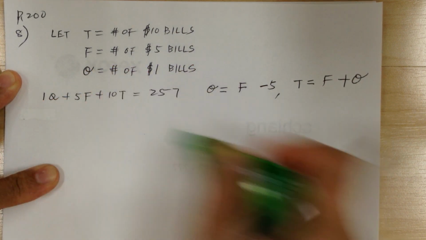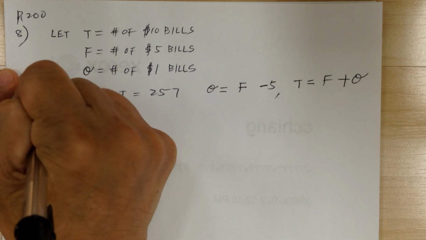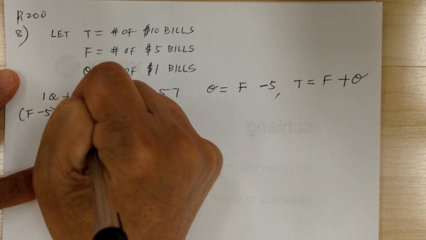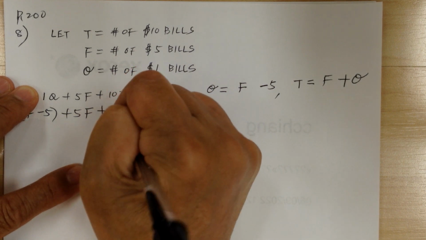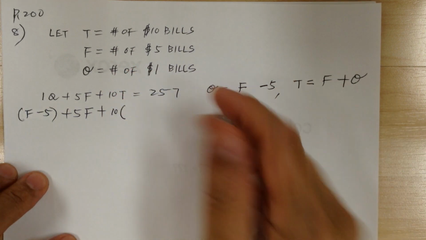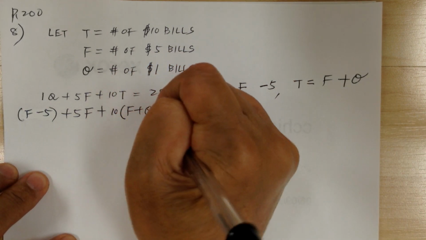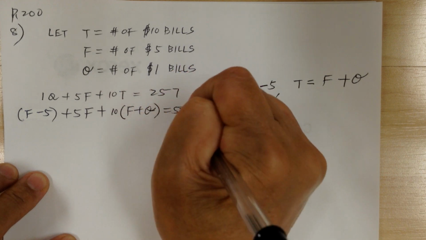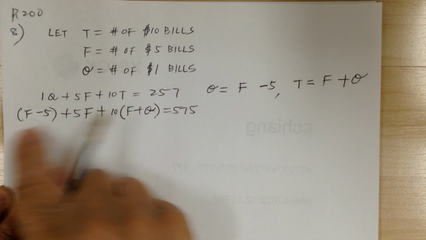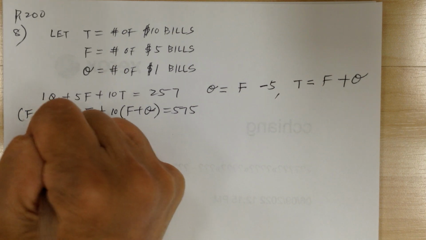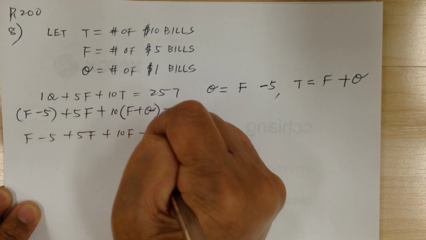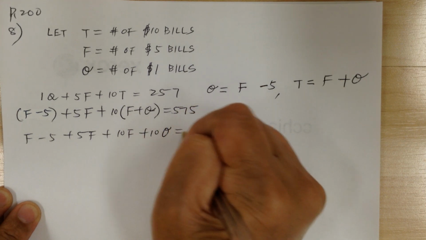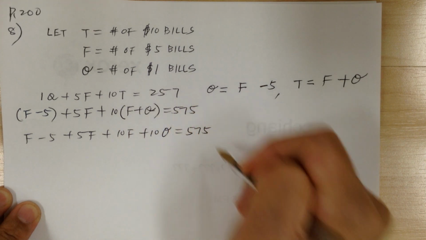So it'd be F minus 5 plus 5F plus 10T. So 10 times T, T is F plus O. Okay, so work it out. So you got F minus 5 plus 5F plus 10F plus 10O equal to 575.